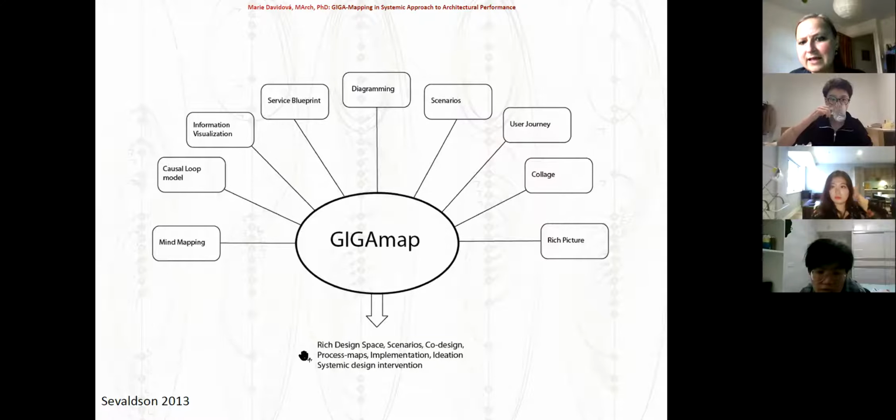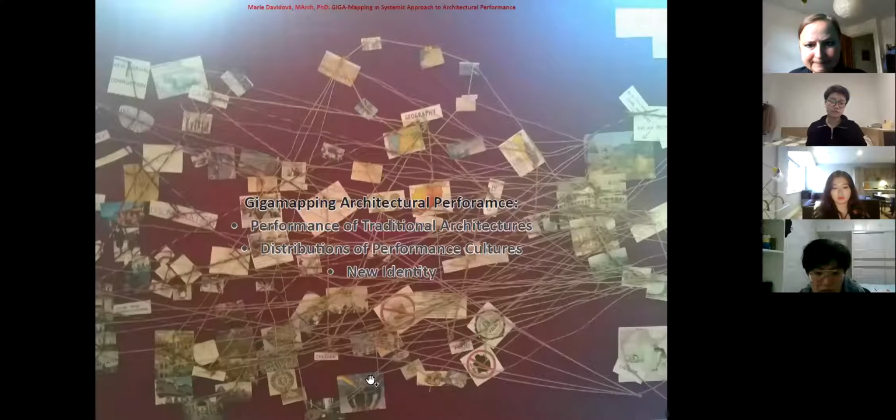So the giga mapping sort of searches for the rich space, which is full of many different items and their relations. Scenarios serve for co-design, for process maps, implementation, ideation, and systemic design intervention. Systemic design interventions is what you will be doing, and obviously co-designing and so on.